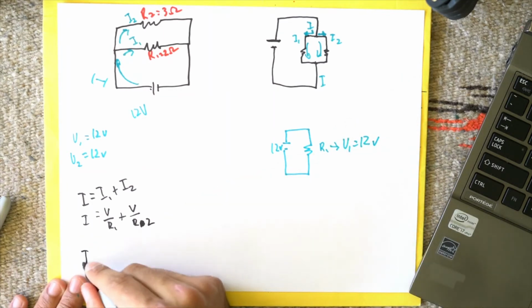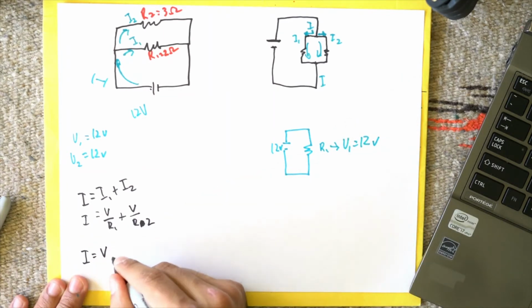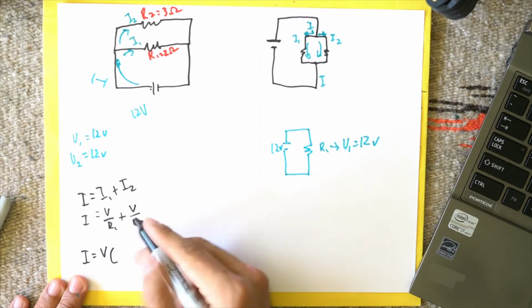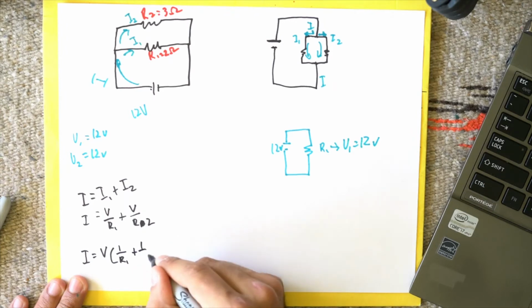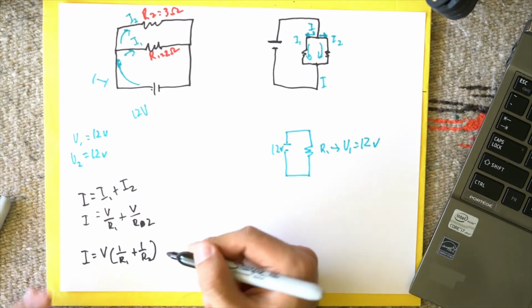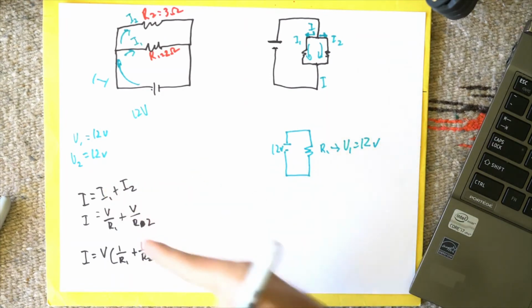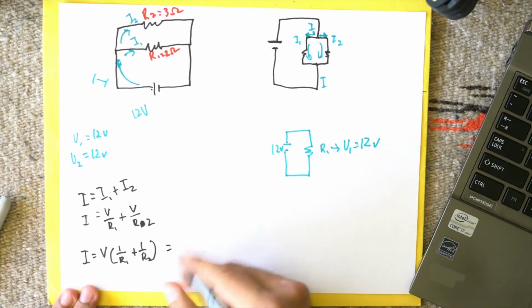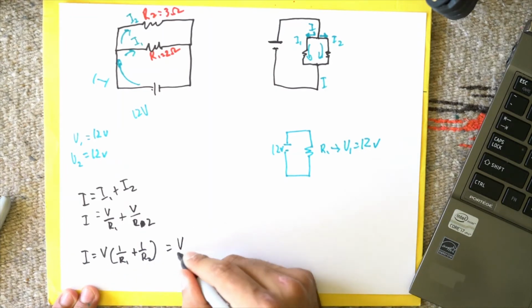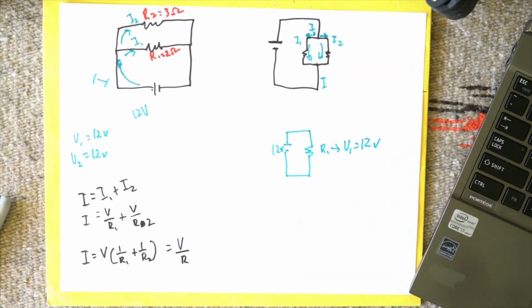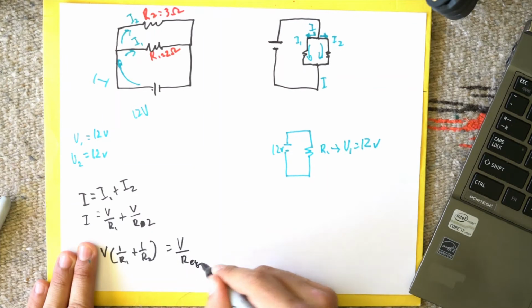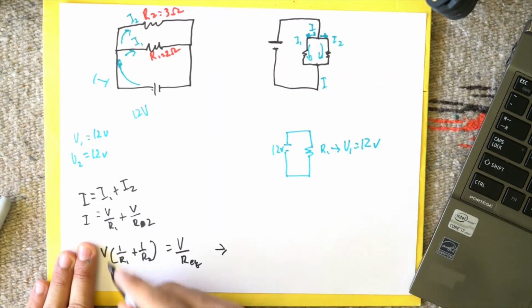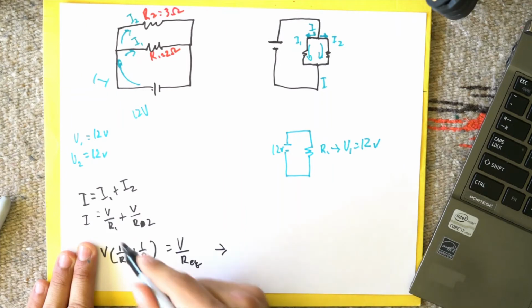So I equals V times, if I take a V out, 1 over R1 plus 1 over R2. Now remember, I has to be V over R. So what this means is that the equivalent resistance of these added together is equal to V over R. If I have these equal to each other and I get R up here, the equivalent resistance, then I can cancel out the V's, bring this up here and bring this down here.